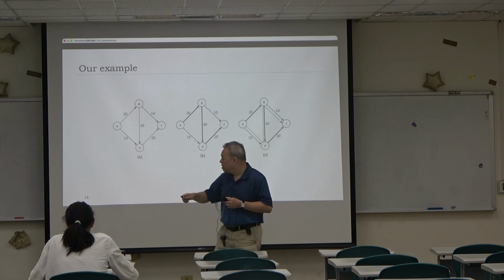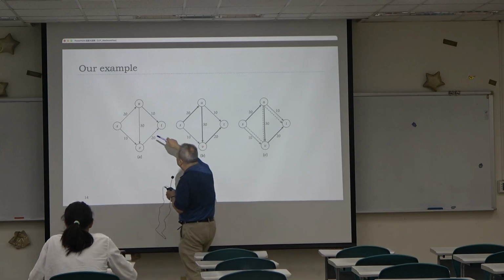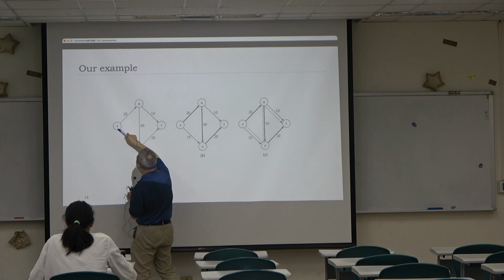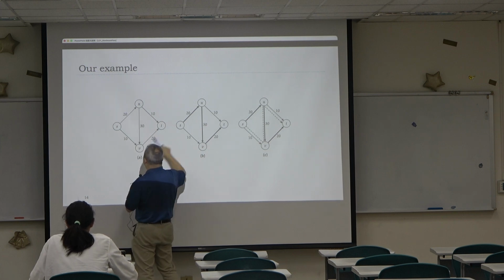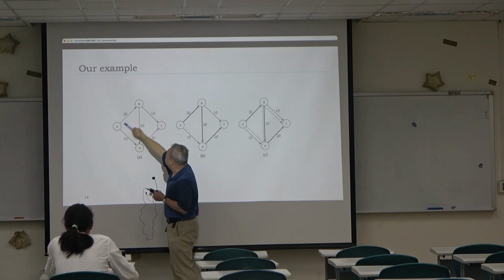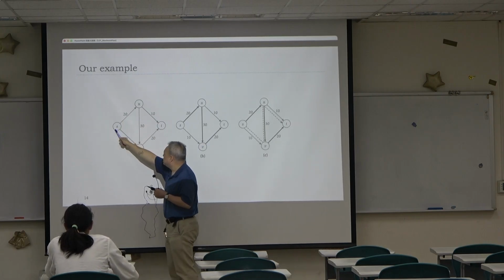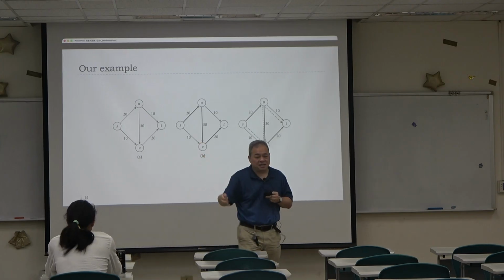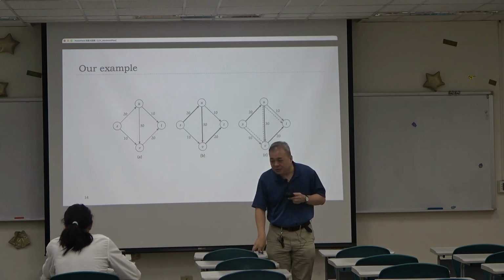The shortest path from S to T is obviously either the top one, S to U, or S to D. Either of these two paths are obviously the shortest, right?